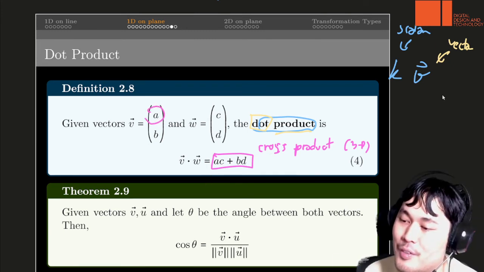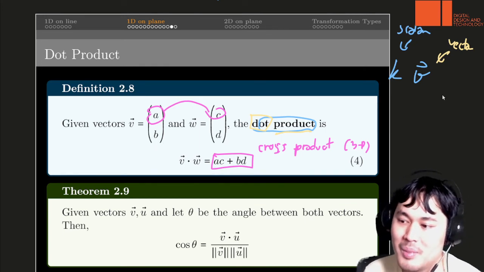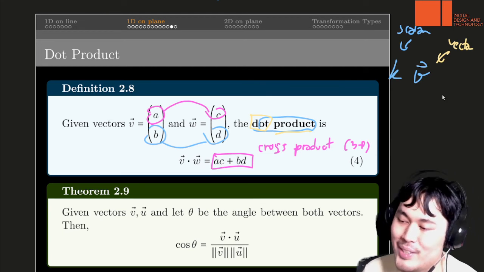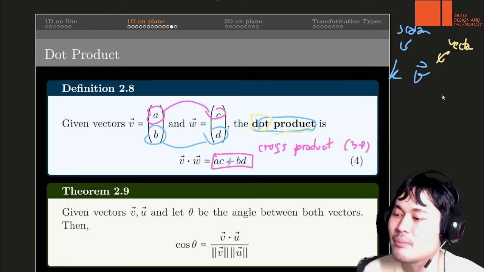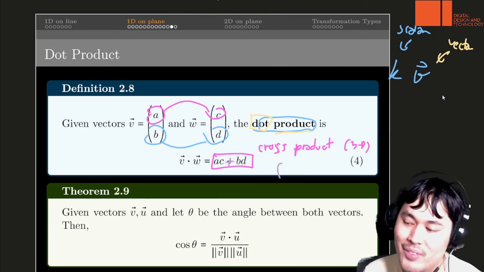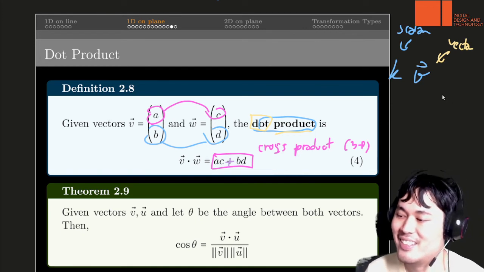So you multiply the first coordinates together. Maybe that works. You multiply the second coordinates together. Yeah, okay. But then you add them together. You might see on the right and wonder, wait, where is the vector notation? Is it gone? The answer is yes, it's gone.